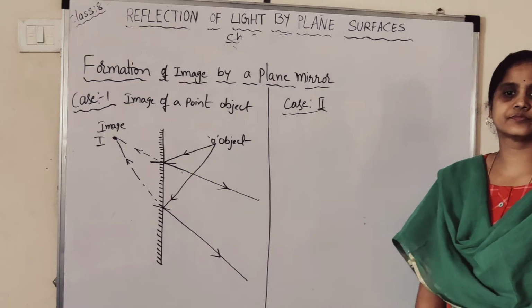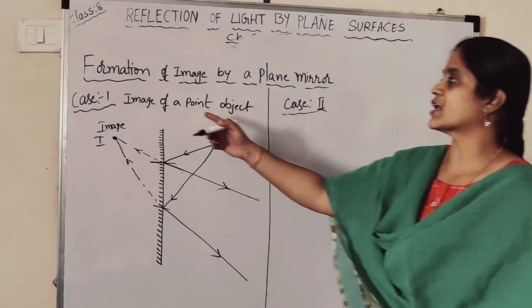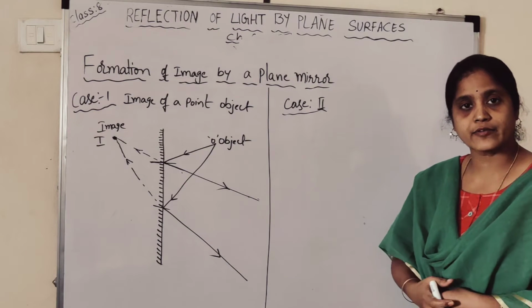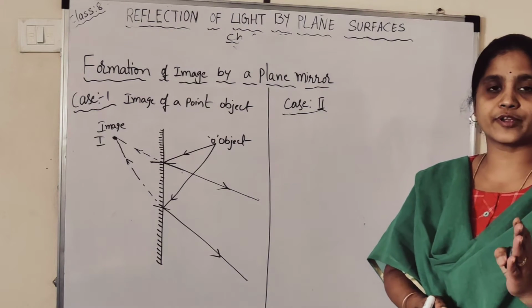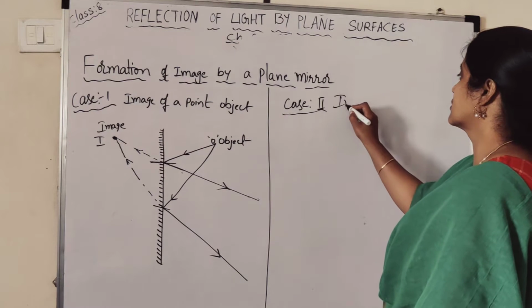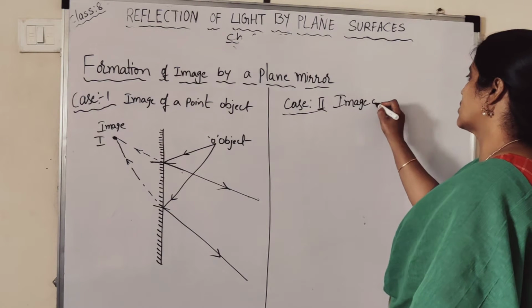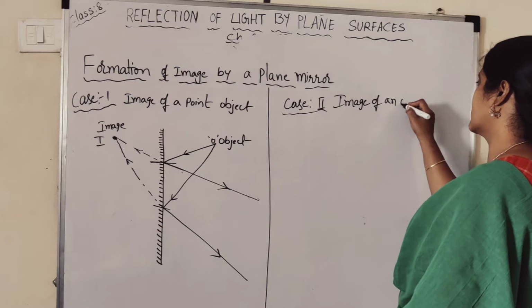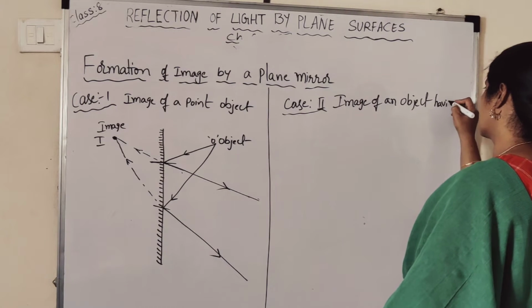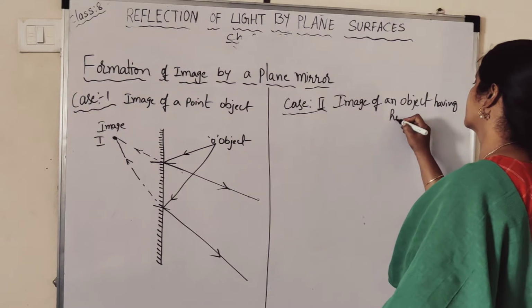Case 2. Now we have to draw a ray diagram for the image of an object having height.